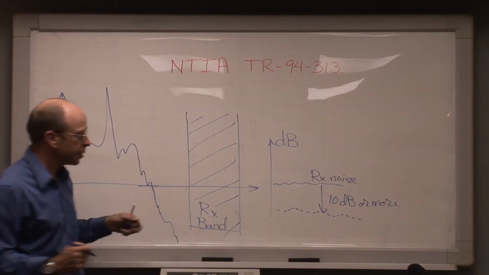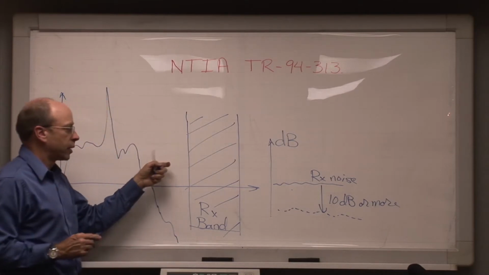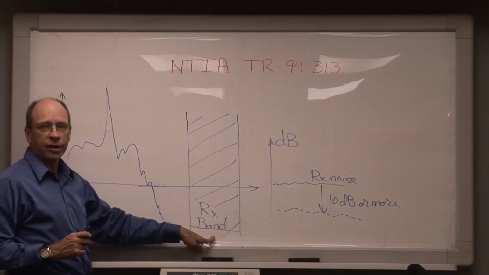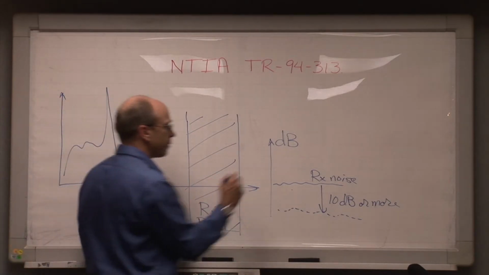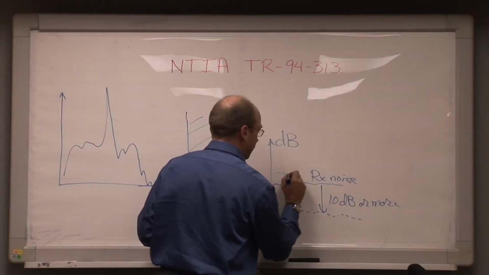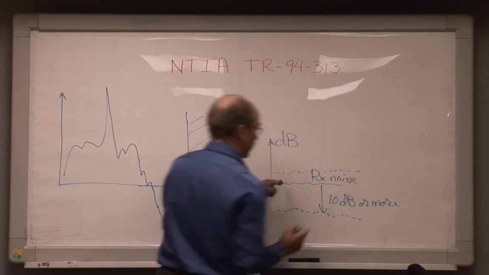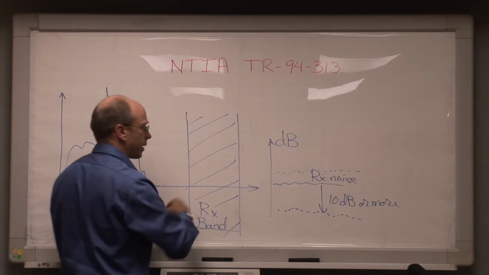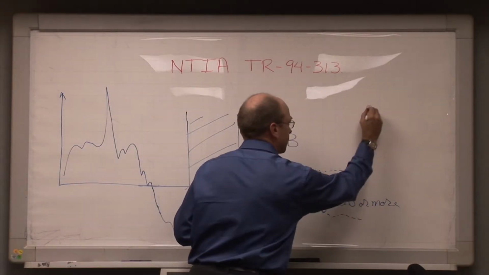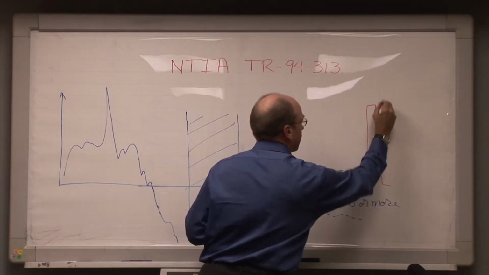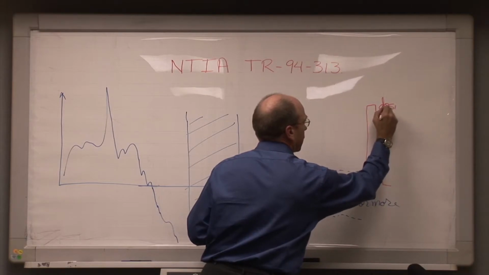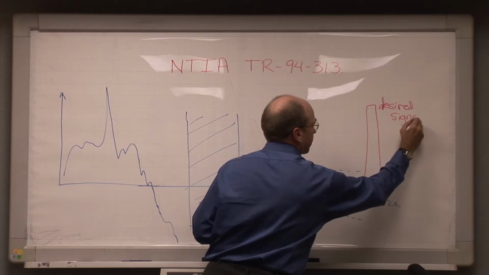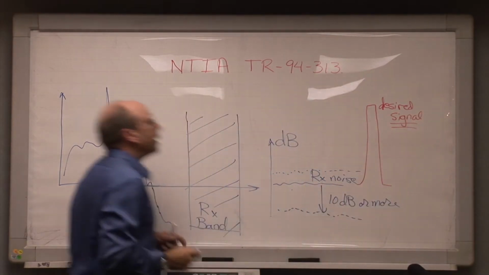And if this is a communication receiver, the issue is what the ratio is of the interference level from this transmitter in the band to the level of the desired signal that the receiver is working with. In that case, the receiver might be able to actually cope with some level of interfering energy that's somewhat above its noise floor, if that energy is in fact more than a certain number of dB below the level of the desired signal, and that'll depend on the characteristics of the receiver and what it's doing.